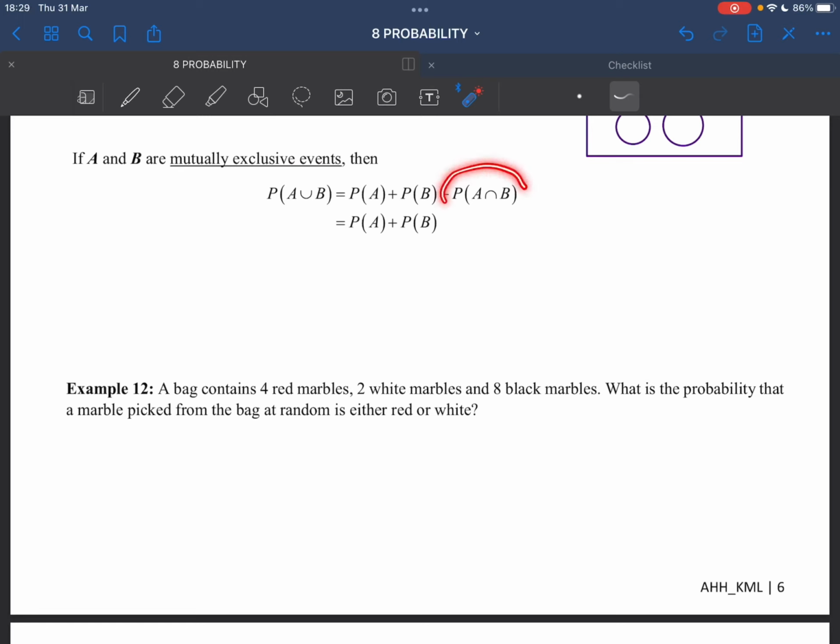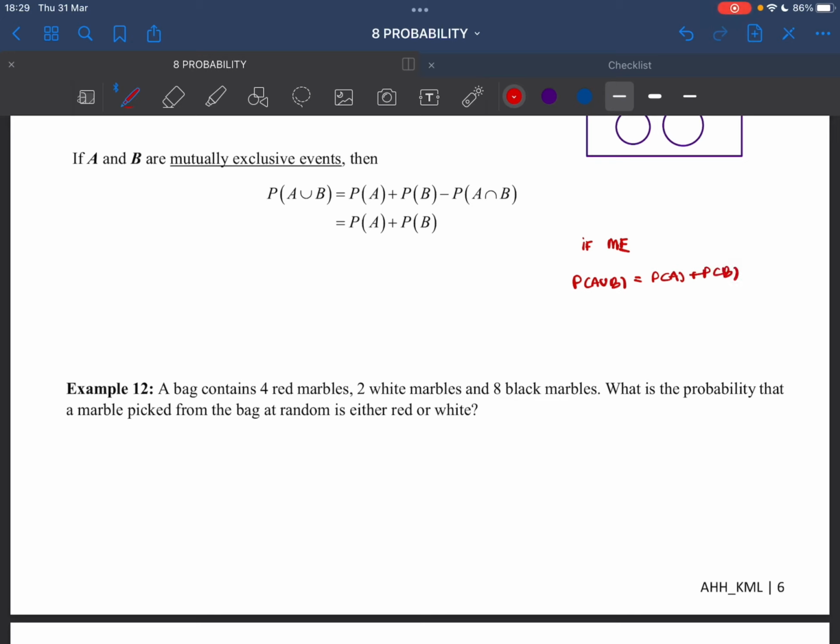Since P(A intersect B) is equals to 0 if event A and event B are mutually exclusive, you are left with only P(A) plus P(B). I repeat, the formula if mutually exclusive is P(A union B) equals P(A) plus P(B). So that is your formula for mutually exclusive event.